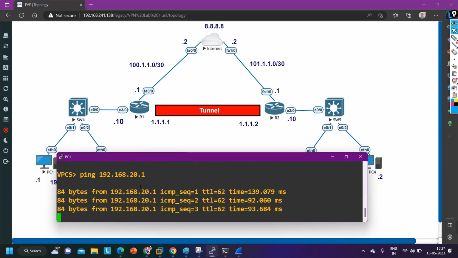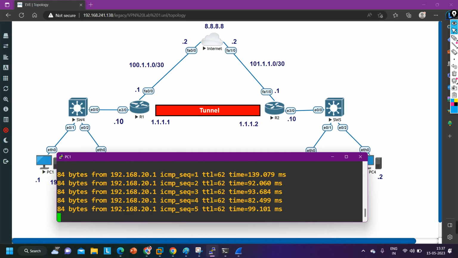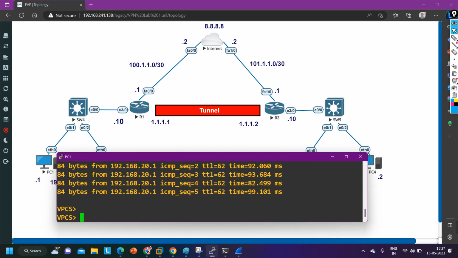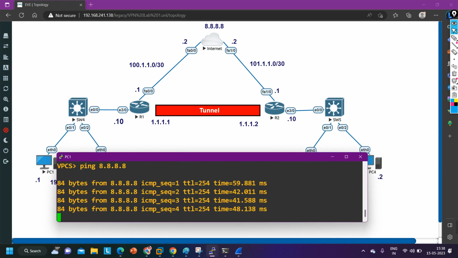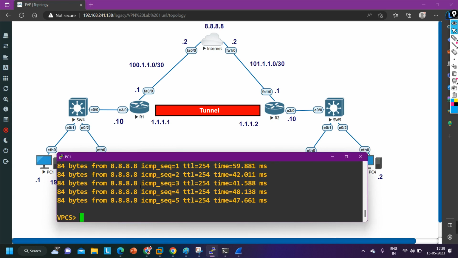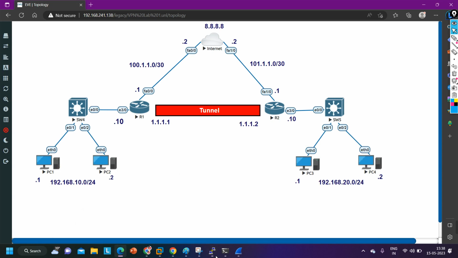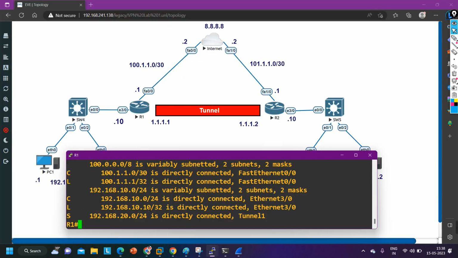See, it's working. But can PC1 ping 8.8.8.8? Yes, it's working. That means I have configured NAT as well. You already added NAT on router number 1, yes, NAT is also enabled.